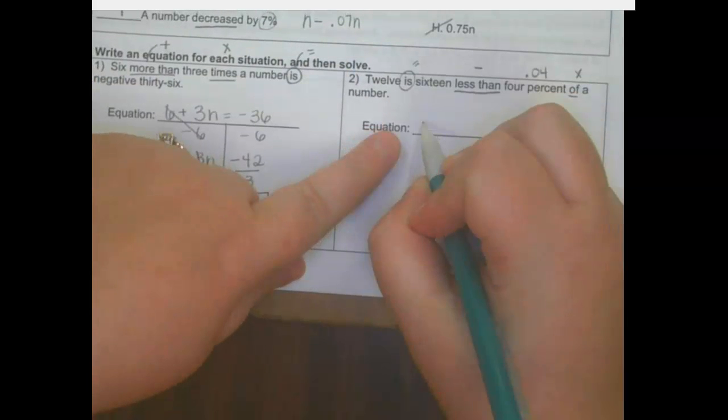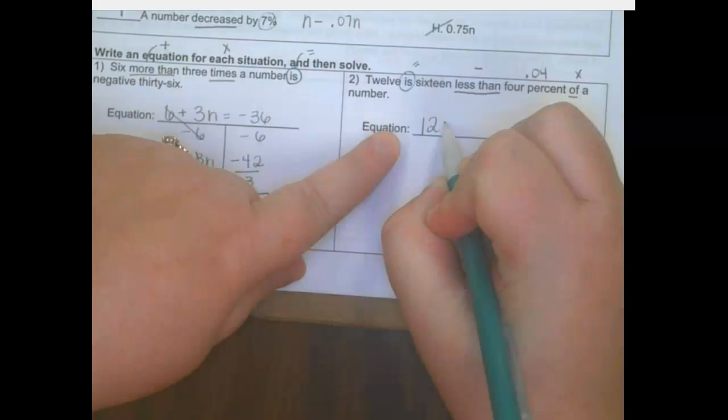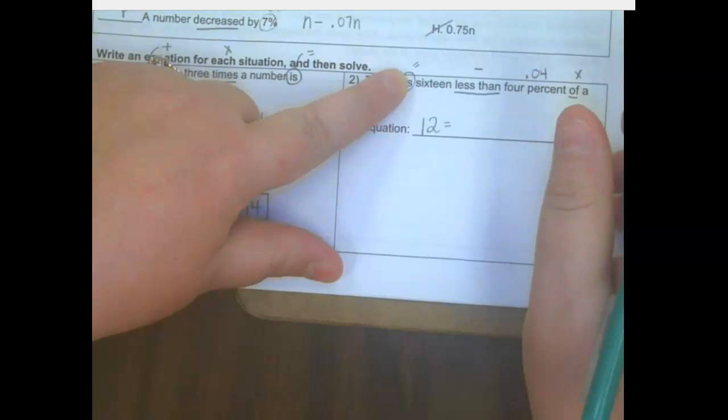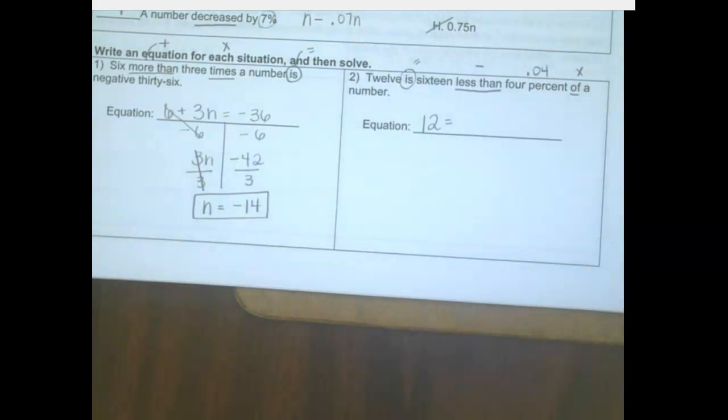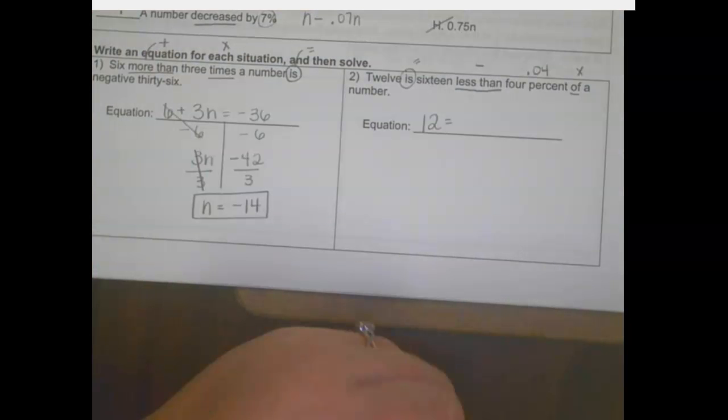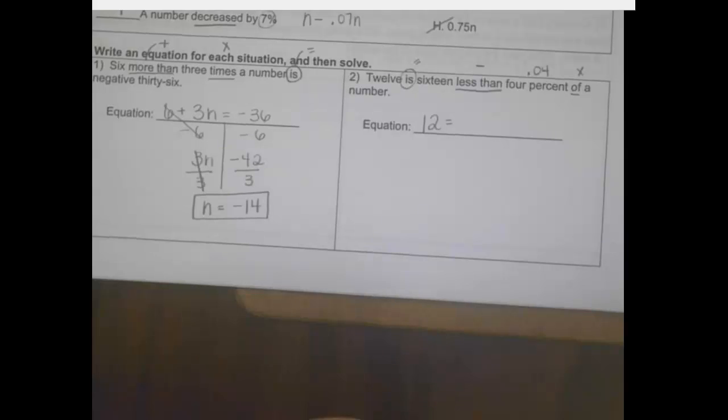All right. So we have 12 is, there's our equal sign, 16 less than. So is my 16 going to go first or second? Let's think about it. If I tell you that you have 3 less cookies than you did this morning, does that mean I take 3 minus how many cookies I had, or do I take cookies minus 3? I have 3 less cookies.